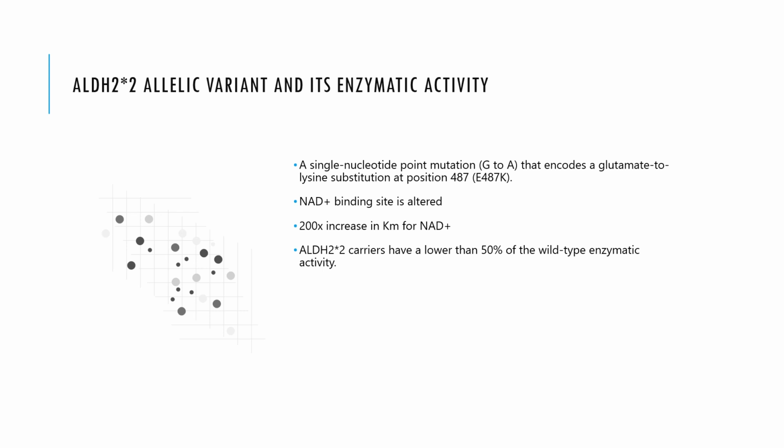What that means is that the NAD+ binding site is altered and the catalytic activity is lost, because the physiological levels of NAD+ just cannot meet the demand of ALDH2. It results in a 200-fold increase in Km for NAD+, and typically the ALDH2*2 carriers have less than 50% of the wild type enzymatic activity.